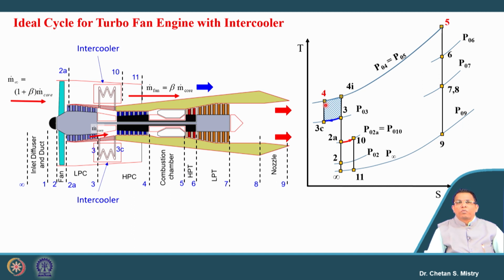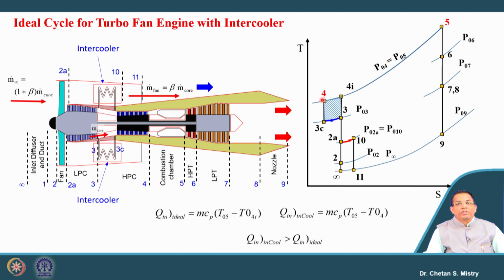Let's try to look at what exactly we have done. Ideally the amount of heat we are supplying is m Cp delta T0, that is T05 minus T04i. And in the case of intercooler, this amount of heat required will be higher compared to my ideal condition.